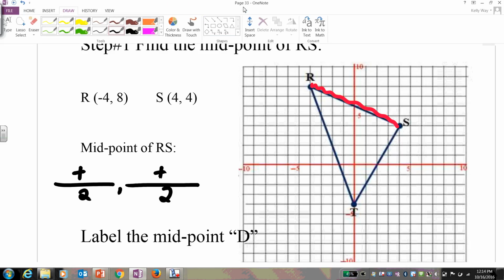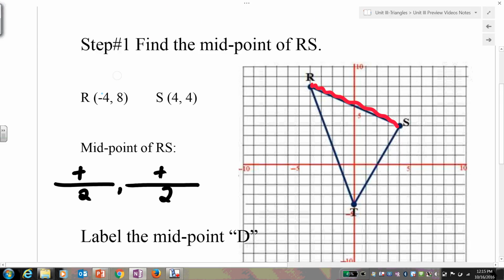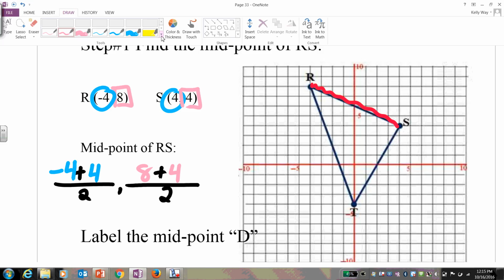Several of you put subtract on the most recent test. Let's circle our x's, plunk them in. We're going to box our y's and plunk them in. We're going to label and do our math.